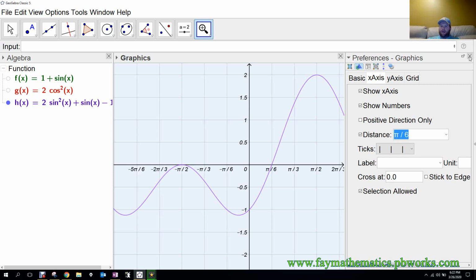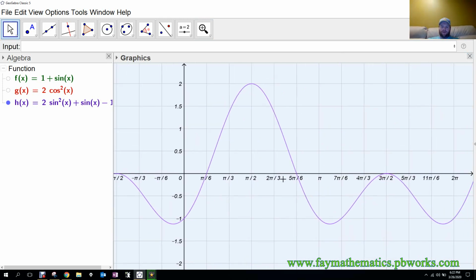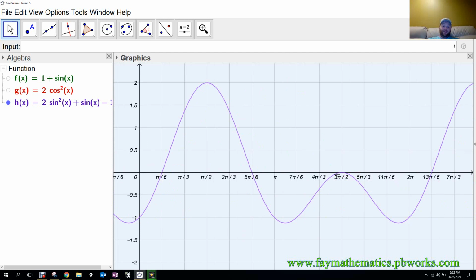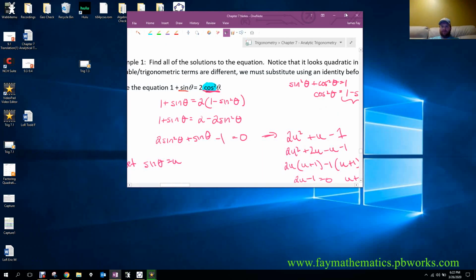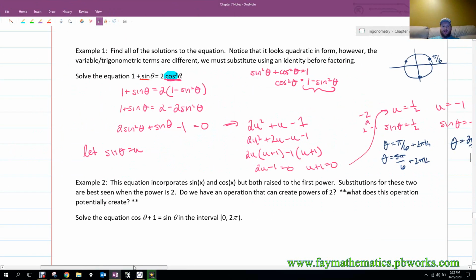There we go. Again, we're across the x-axis at pi over 6. We cross at 5 pi over 6. And we end up being tangent at 3 pi over 2, but it's still equal to 0 there. Just a couple different ways you can interpret those solutions or find those solutions graphically.